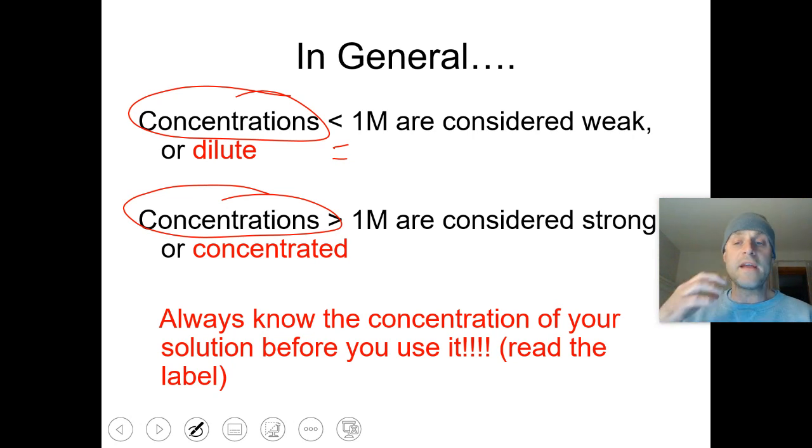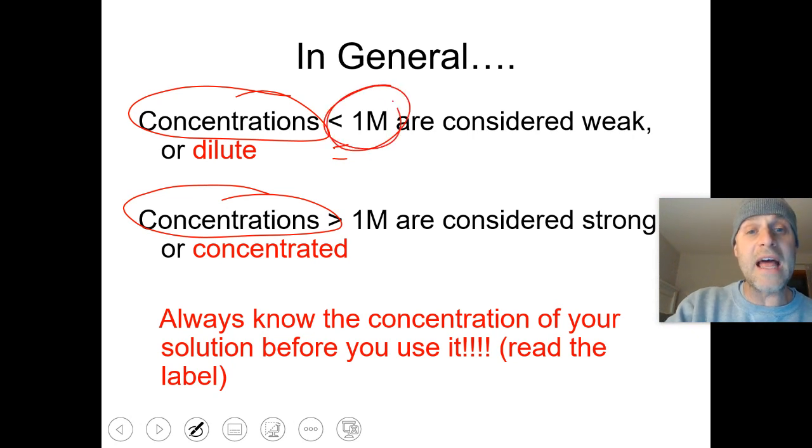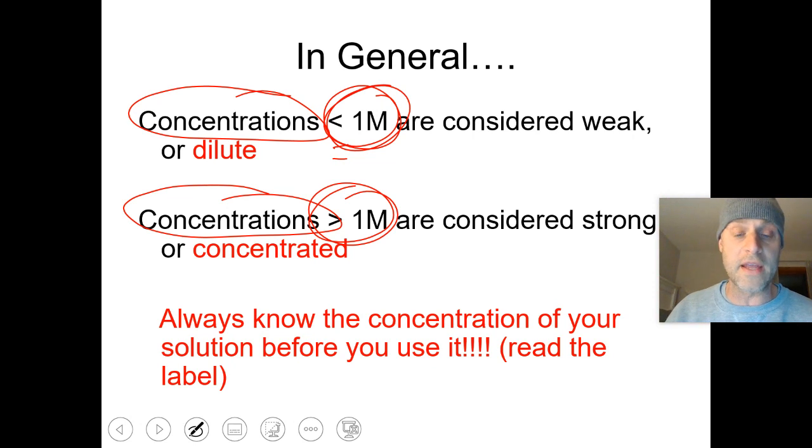And so if we're doing a lab, and I don't know if we'll get back to school to do one, I sure hope so, but if we were doing it and I said, use hydrochloric acid, you need to look at what strength. Do I want to use the kind that would burn through my hand, or do I want to use a much lesser one? If we're doing it in a lab in high school, it's probably going to be less than 1 molar, because greater than 1 molar is pretty dangerous. It really is. But the concentration matters. The molarity matters.